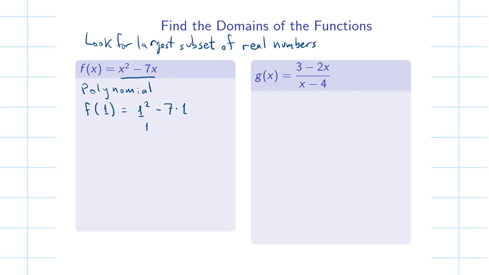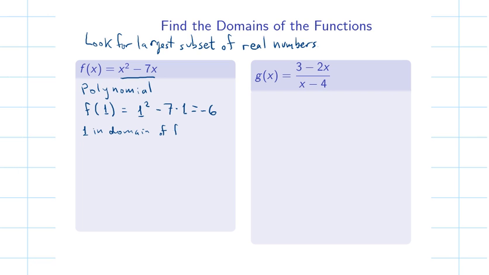So that's 1 minus 7, and that's negative 6. And so that was really fine. There was no problem with that. So 1 is in the domain.